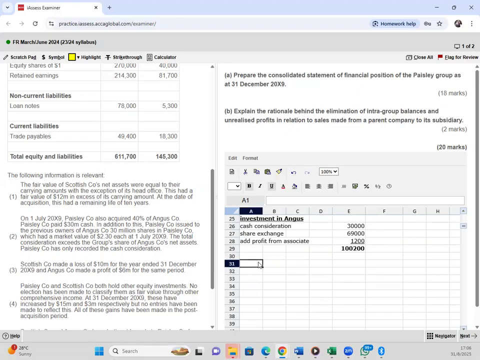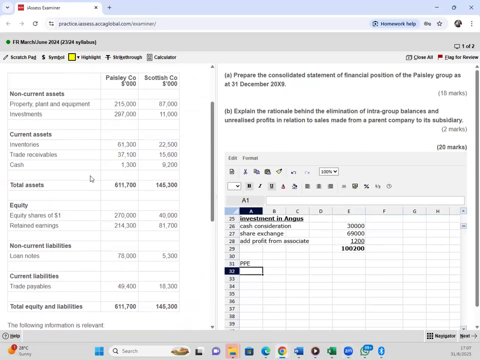Another key calculation that might also be important is calculating, let's say, the PPE. Let's just quickly look at that, calculating the PPE. So if you're calculating the value of our PPE, we're at 215 for the parent.